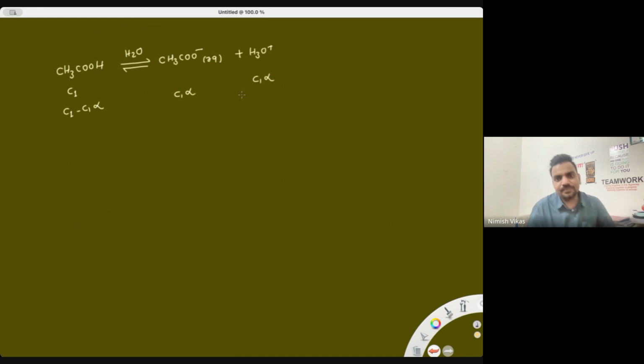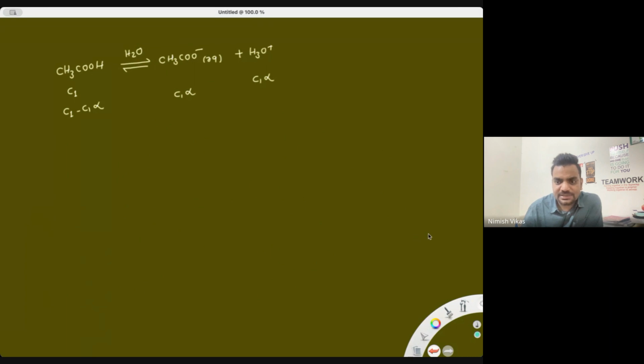So our equation: acetic acid plus H2O gives acetate ion plus hydronium ion. We started with C1 mole per liter of acetic acid. Then we got C1 minus C1 alpha. This was C1 alpha, this was C1 alpha. Now in parallel, we did one more reaction.